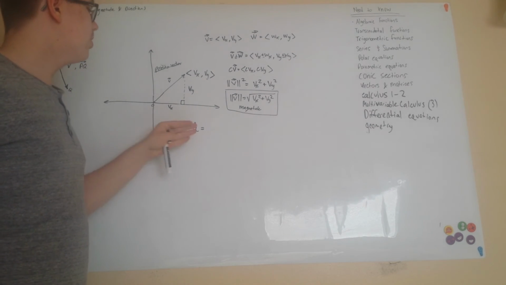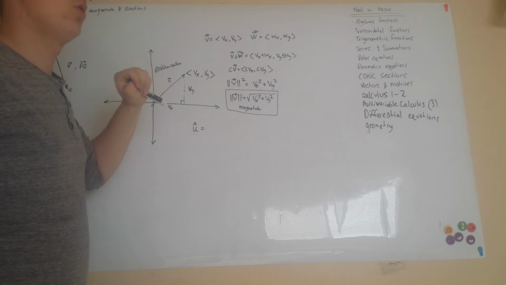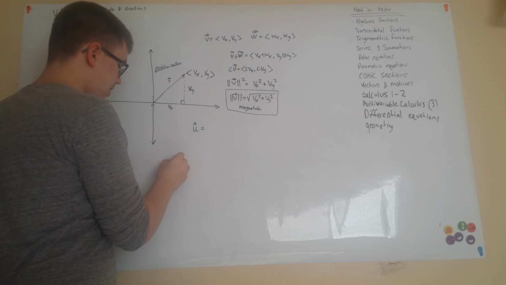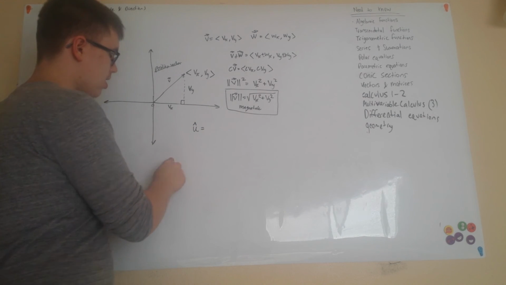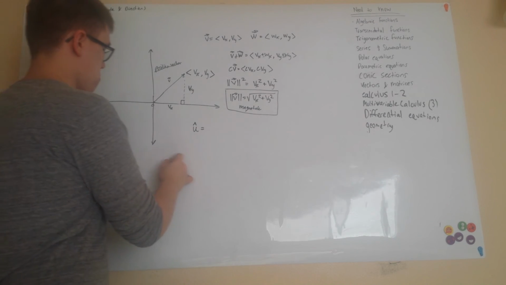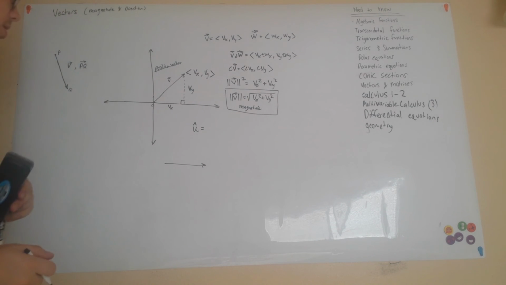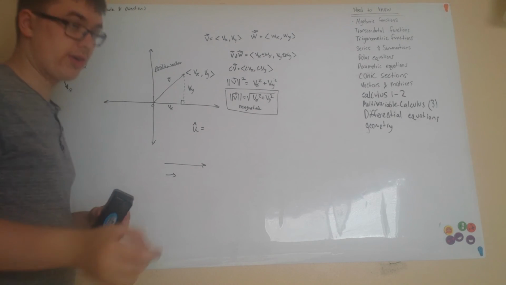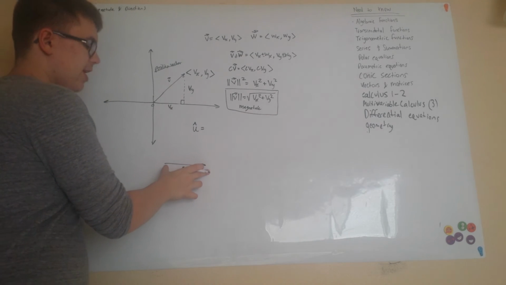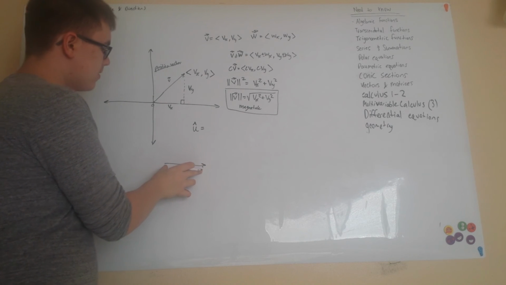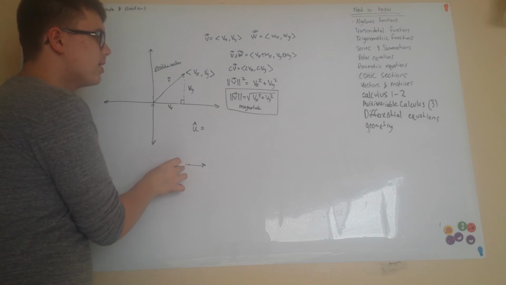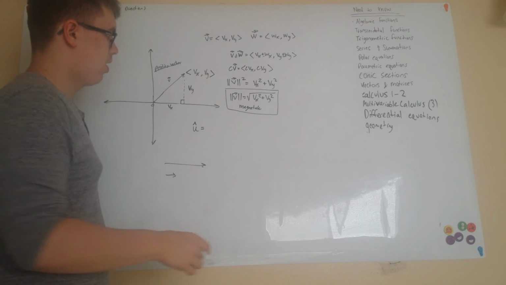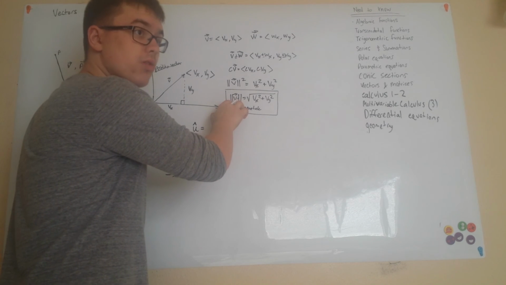And the way you find the unit vector of every vector is, if we have just a random vector and we want to scale it down to its unit vector, we just divide by its magnitude, whatever it is.